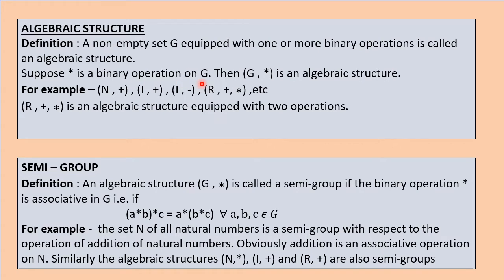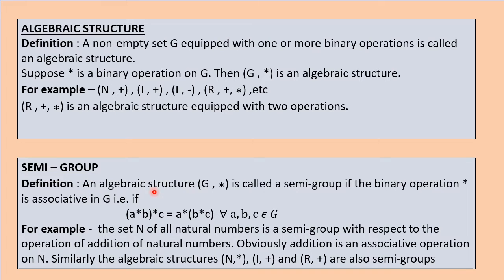We consider any two elements from G, suppose A and B, and if we operate them as A star B and whatever we get belongs to G, then star is said to be a binary operation on G. Or in other words, we can say that G is closed for the operation star, then star is a binary operation on G.